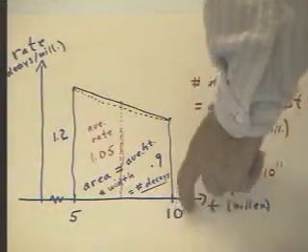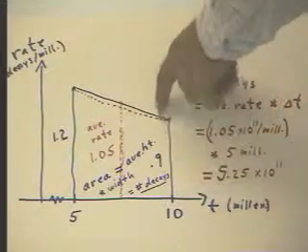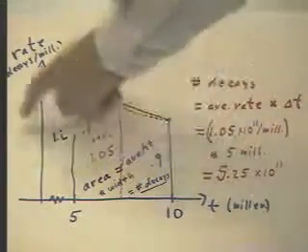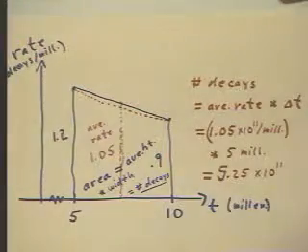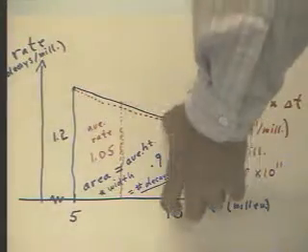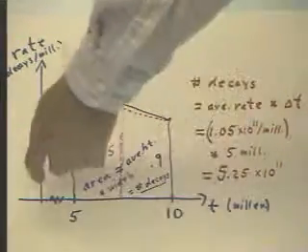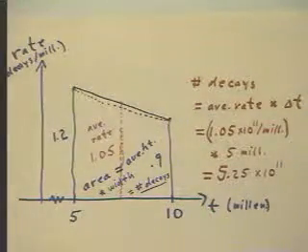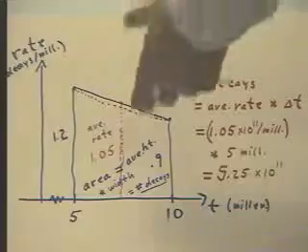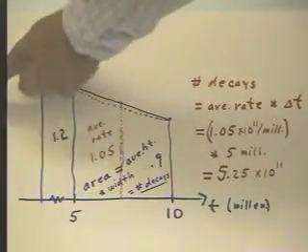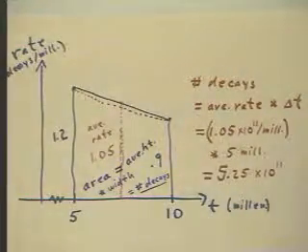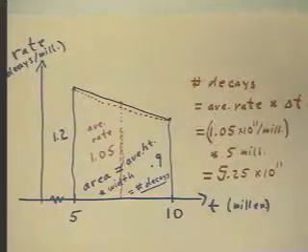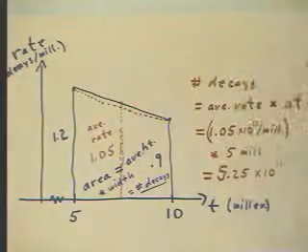At the 10 millennium mark, the number of decays was down to 0.9 times 10 to the 11th decays per millennium. Okay, these distances in this direction are measured along the vertical or y-axis if you wish, and they represent the number of decays times 10 to the 11th, the number of decays per millennium.